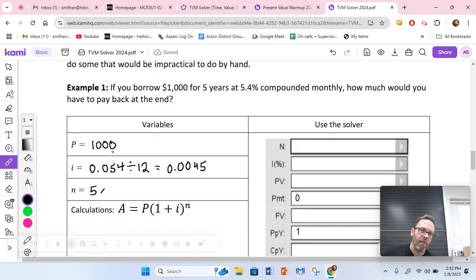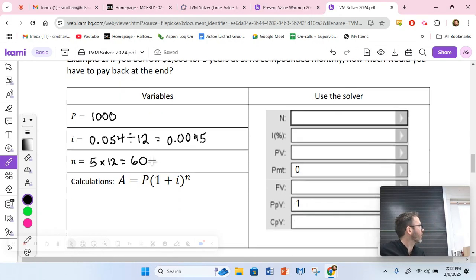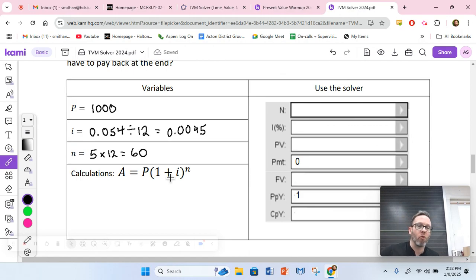And our number of compounding periods: it's 5 years, and it's a monthly problem. Again, we've done many of these, so I feel like we don't need to take our time as much. We can just blast through them a bit. You've literally done tens of these. So 1,000 times 1.0045 to the power of 60.